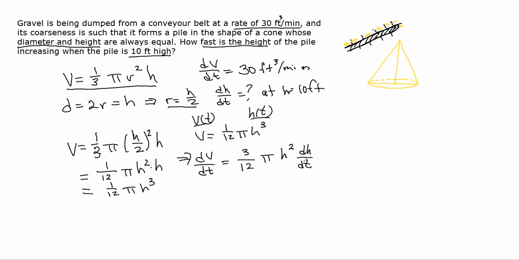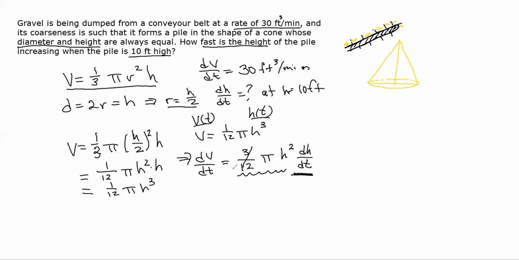So here you can go ahead and substitute in some values, but I'd like to first solve the equation for dh over dt. And that's simply moving all of the stuff tacked on the left side of it to the right.